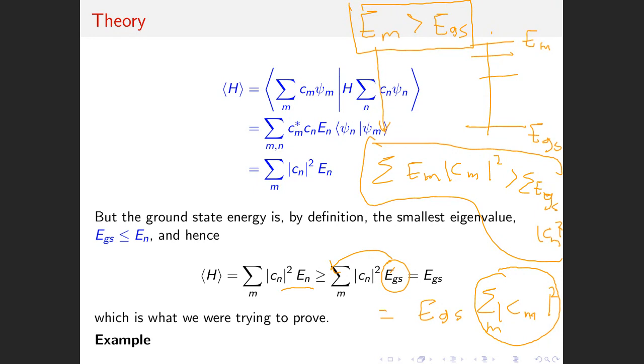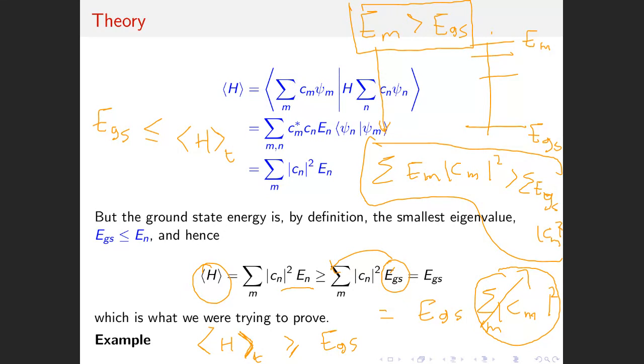So this is just 1, this falls away, and you end up with the expectation value being greater than or equal to the ground state. So the ground state is always bounded by whatever expectation you get for the Hamiltonian using any trial wave function.